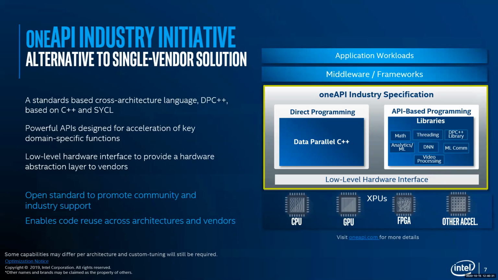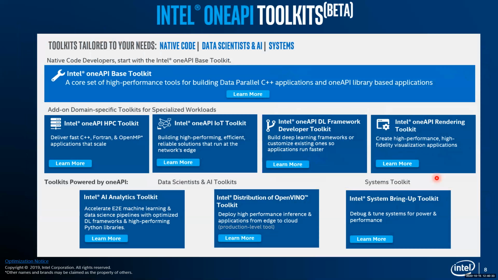With that, let's look at what is actually in the OneAPI toolkits. Now, this is a whole program. It's currently in beta right now. We are almost at beta 9 release, and we release it in monthly cadence.